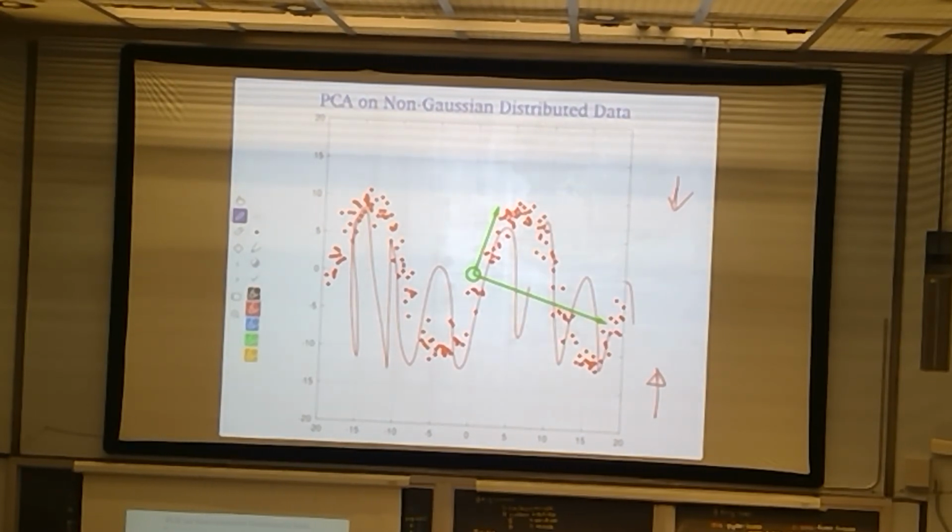If I have to represent this, probably the major axis, if it's the horizontal axis, that will probably be better. But it depends on how much you are seeing. The PCA calculated on these red points will be this line instead. Sometimes it may not make sense.